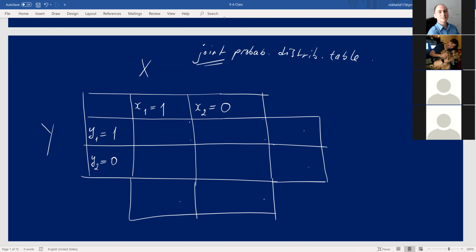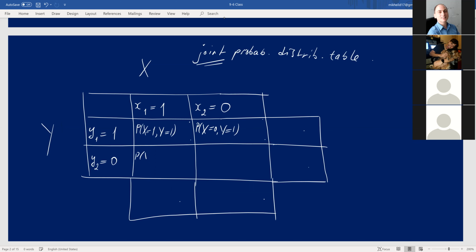So here you have inside the probability that X equals 1 and Y equals 1. This is the probability that X equals 0 and Y equals 1.